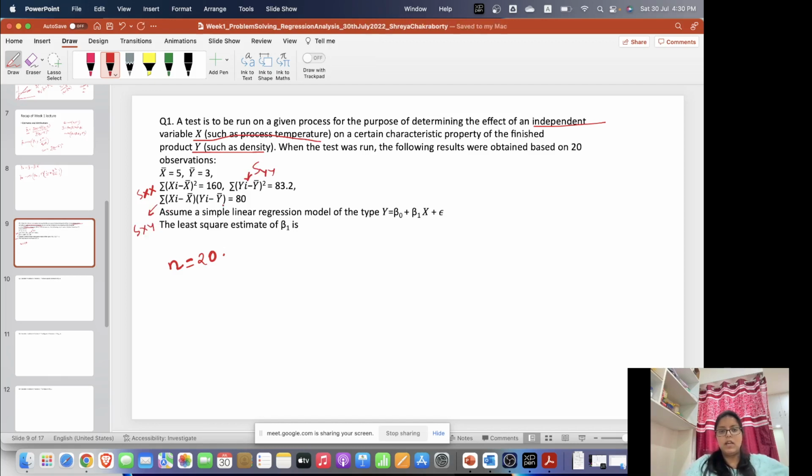So assuming that this is the simple linear regression model, beta 1 hat would be SXY by SXX, that is 80 by 160, which is half.